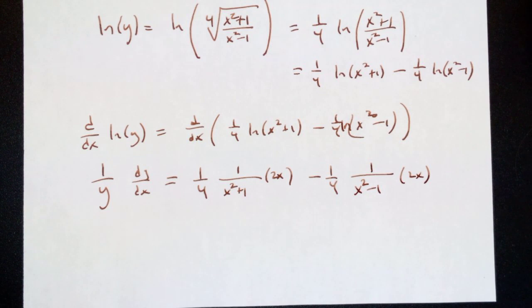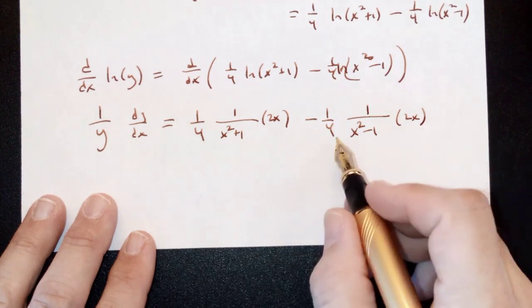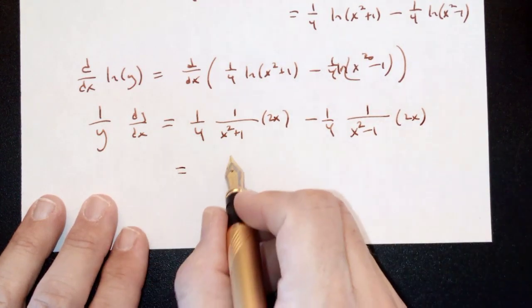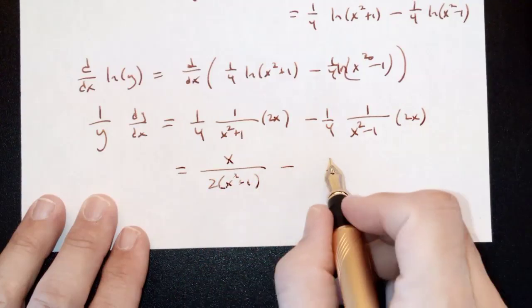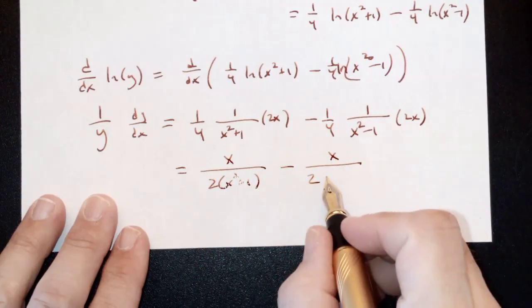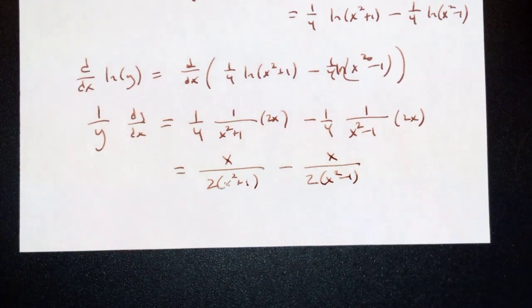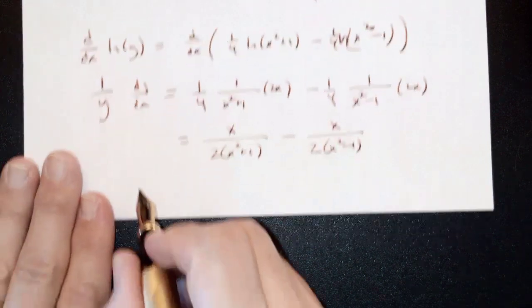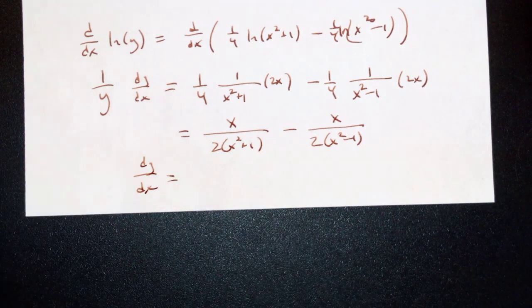If you really want, you can simplify a little bit because I got a 2 on the top and a 4 on the bottom in both of these fractions. But my goal is to get dy/dx. So what do I have to do? Multiply by the y.